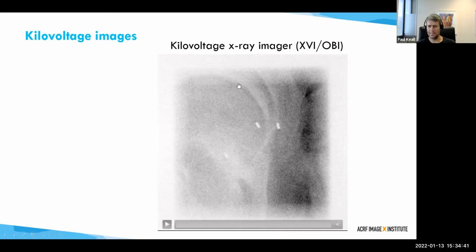Here we can see a femoral head, and this is an image of a prostate patient required during treatment. So we've got tools that can help us to image the patient while we're treating them, to help us find this invisible target and treat it with an invisible beam.